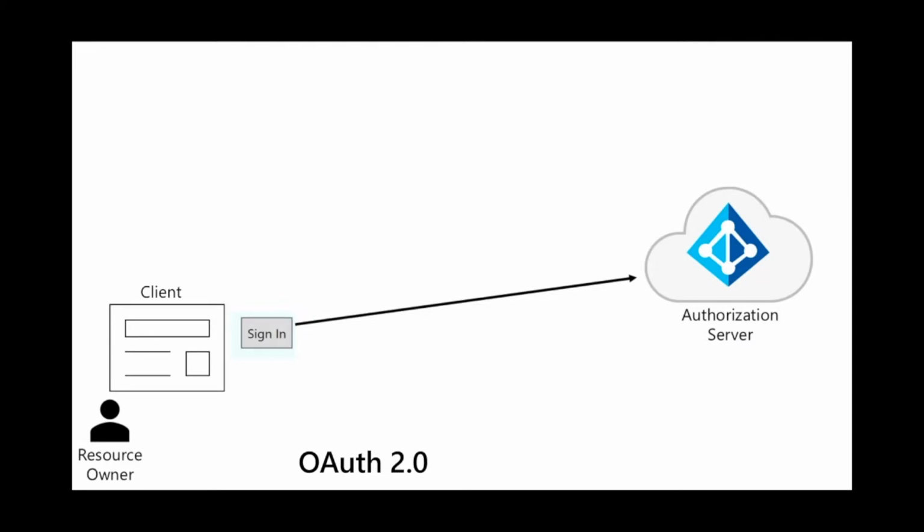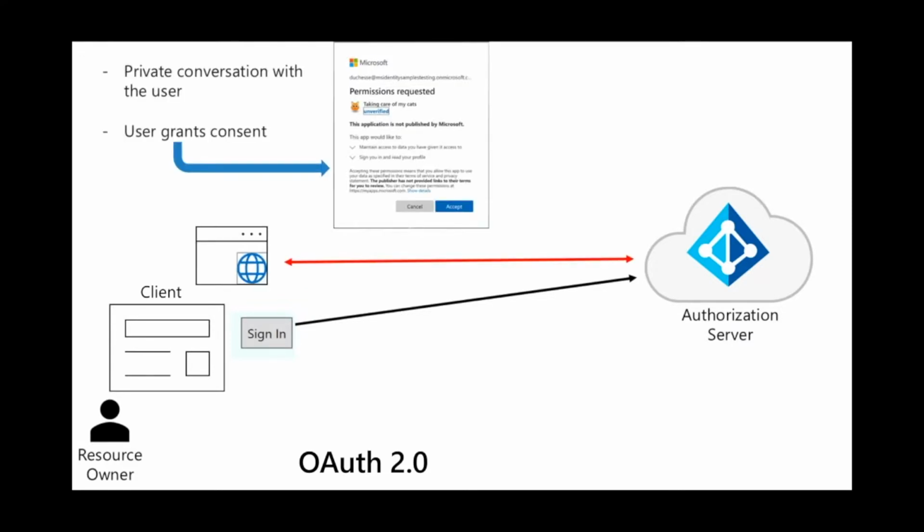The authorization server then presents the user with the login screen. Here the user is having a private conversation outside of the application with the authorization server. The user will be presented a consent screen where he or she will consent to the required permissions to later access the resource server. The authorization server then redirects back to the client.